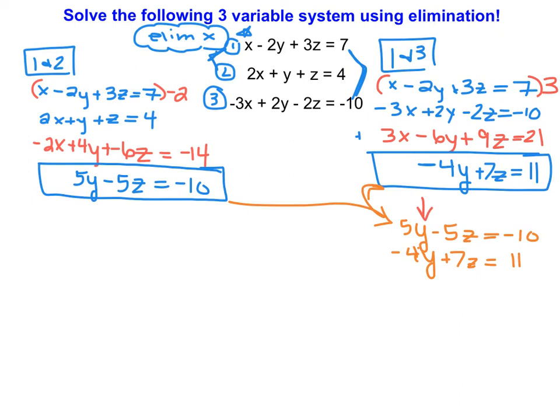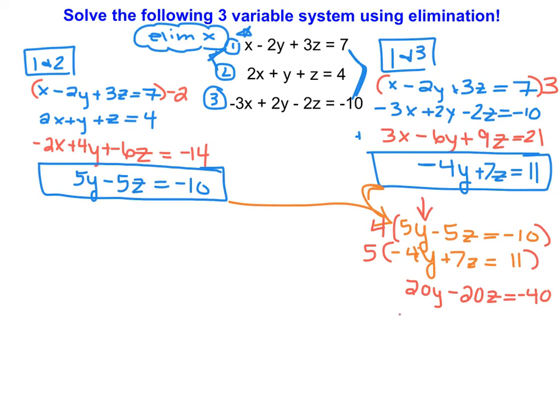So I need to get these coefficients to match, so I'm going to multiply the first equation through by 4 and the second equation through by 5. And in doing so, I will get a positive 20 and a negative 20 as my coefficients for y. So here I multiply through and I end up with 20y minus 20z is equal to negative 40.